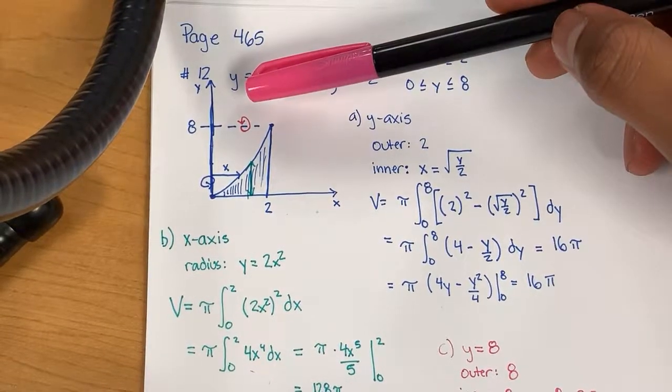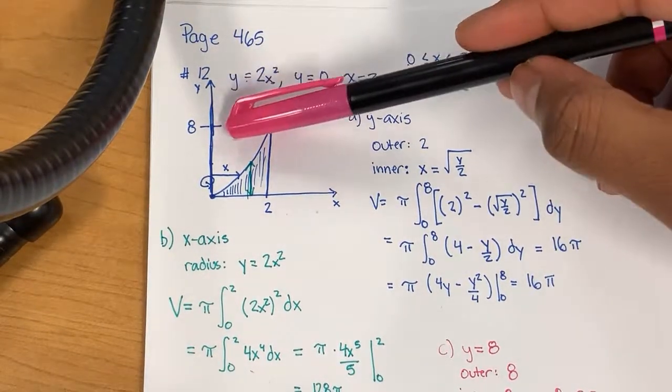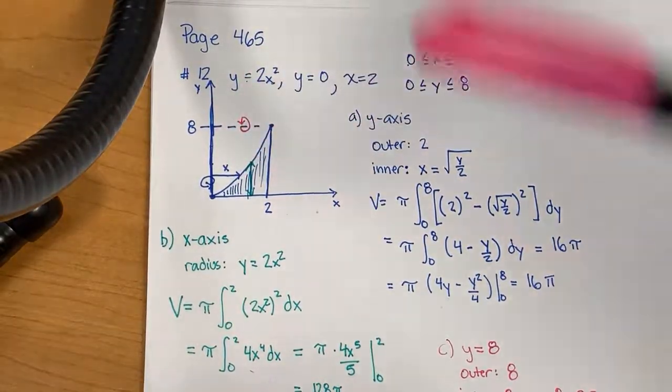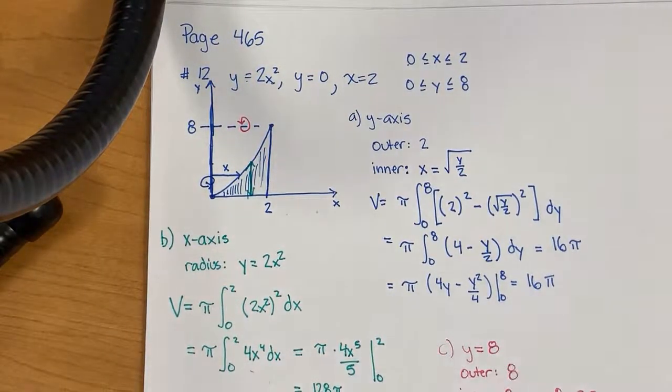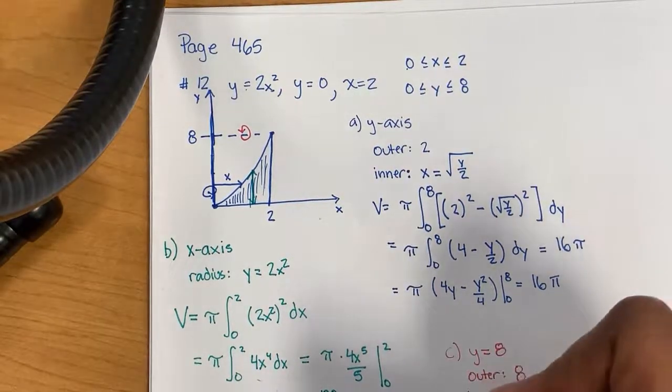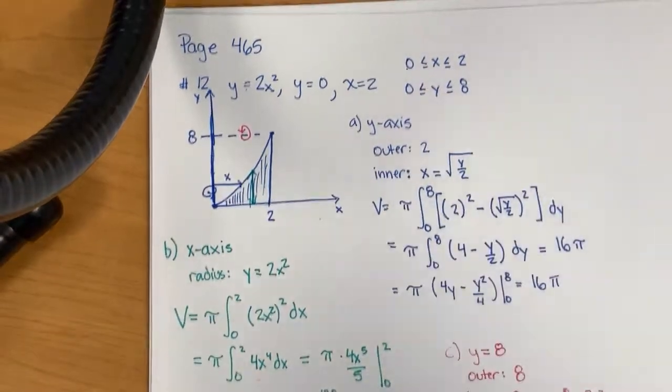So our outer radius is 8, our inner radius is 8 minus 2x squared.